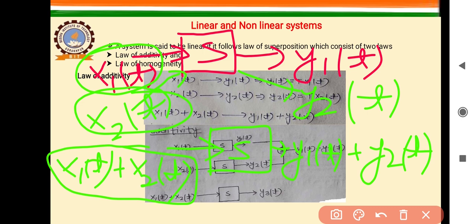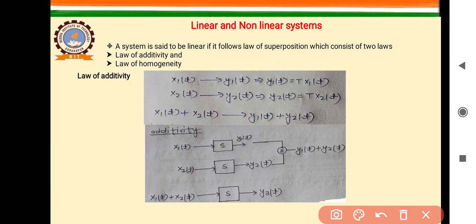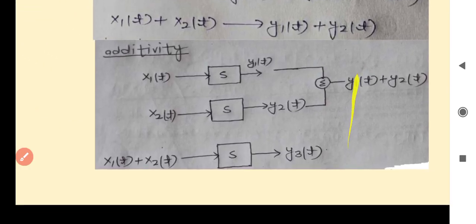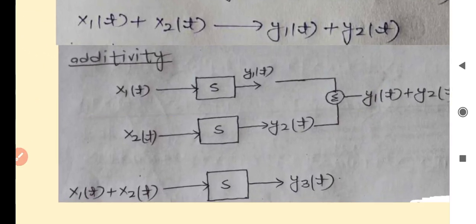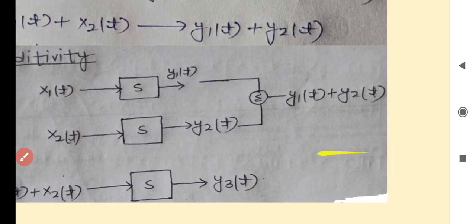The block diagram represents this. Once x1 is given to the system, it produces output y1(t). x2 is given to the same system, then it produces output y2(t), and we sum up these two outputs, which is y1(t) plus y2(t).